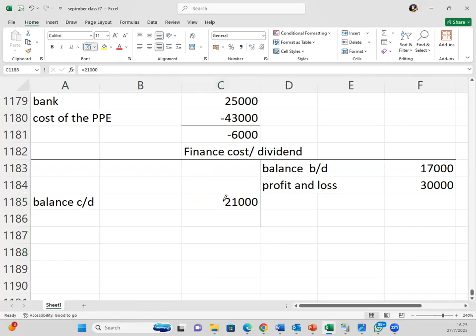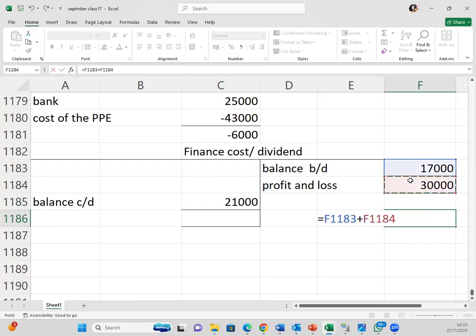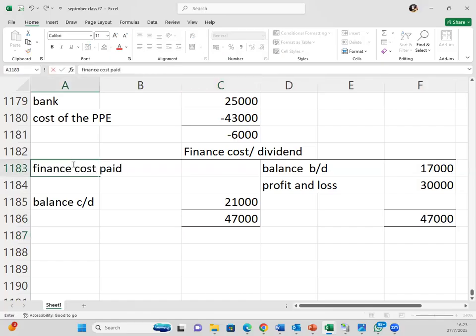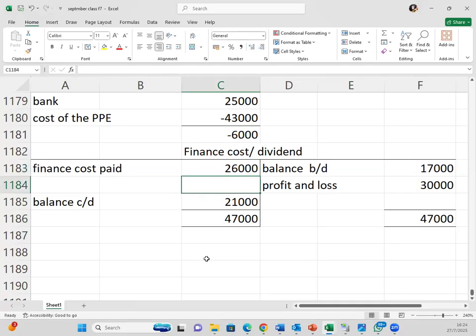You won't be given the finance cost paid, so the balancing figure is the amount for the finance cost paid. It will be 26,000.